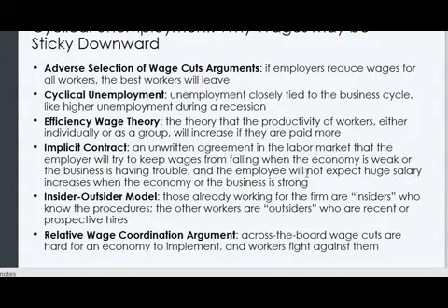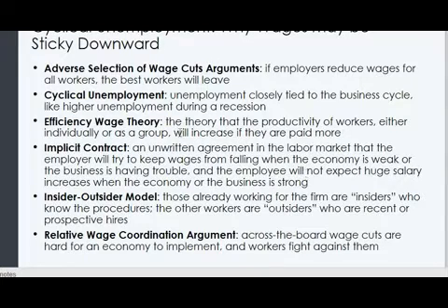So, cyclical unemployment. Why wages may be sticky downward. Adverse selection of wage cuts arguments. If employers reduce wages for all workers, the best workers will leave. So, ito yung iba't ibang dahilan kung bakit nakakaapekto yung salary sa ating unemployment rate.